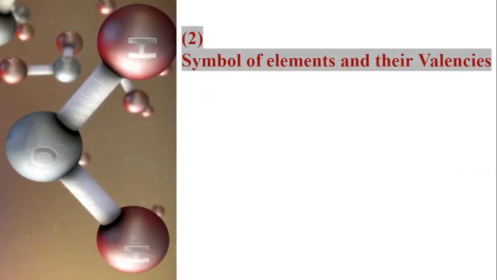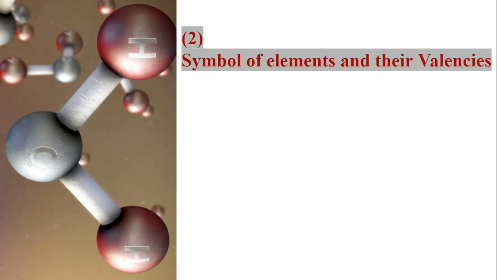Next, we will see the symbols of elements and their valencies. Is there any shorter way of representing chemical equations than the word equation? Chemical equations can be made more concise and useful if we use chemical formulas instead of words.